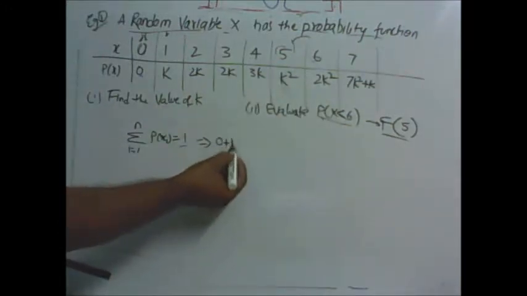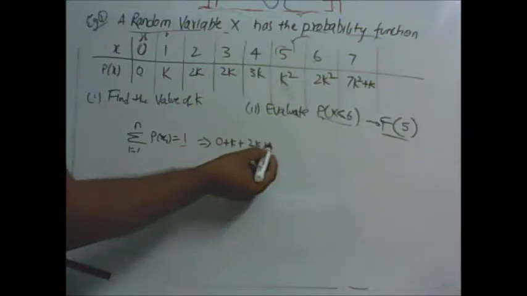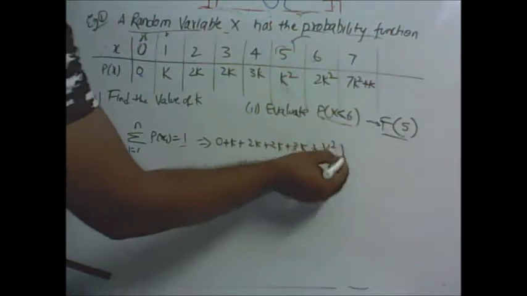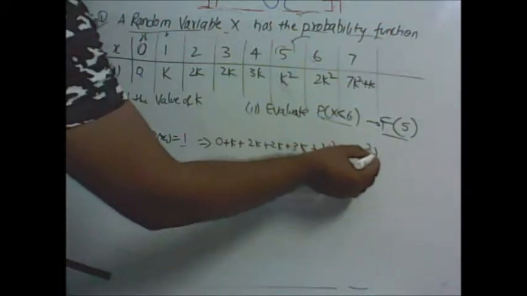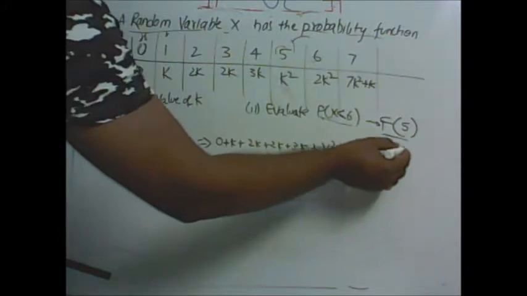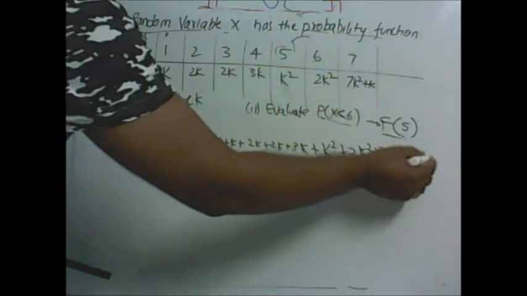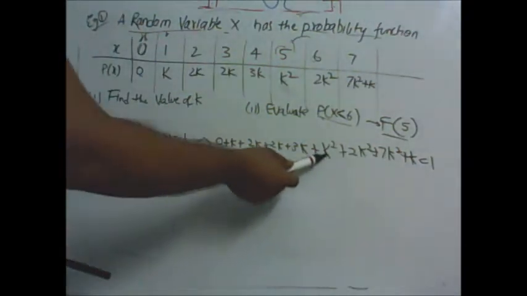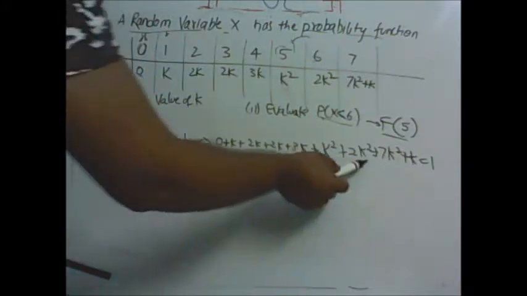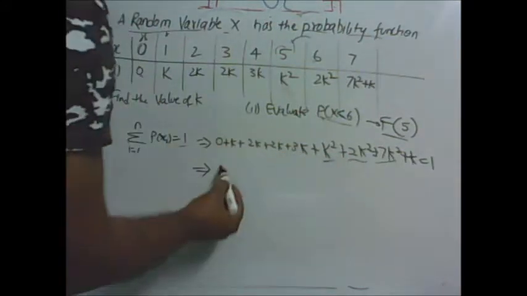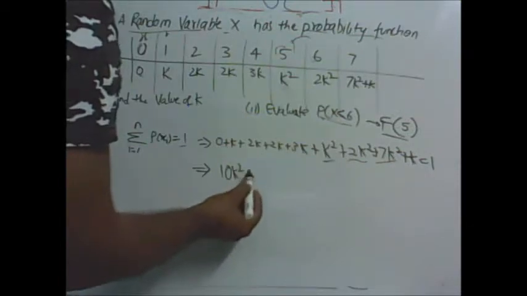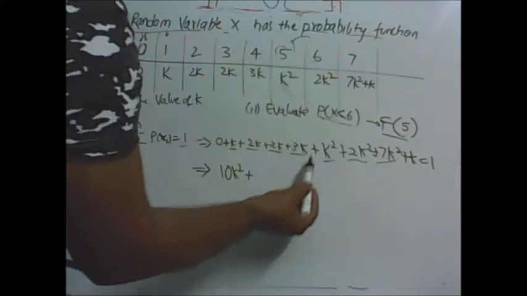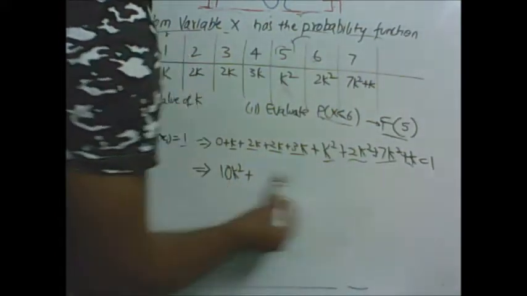So 0 plus k plus 2k plus 2k plus 3k plus k square plus 2k square plus 7k square plus k equal to 1. This implies the k square terms are 1k square, 2k square and 7k square, total 10k square, plus 1, 2, 2, 3, 2, 5, 3, 8, plus 1, 9k.